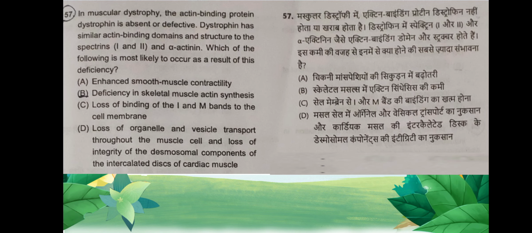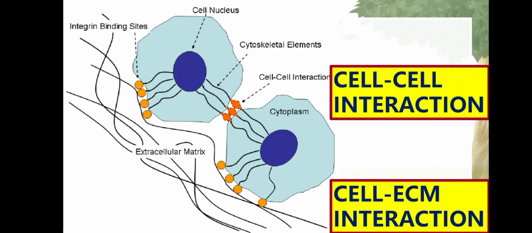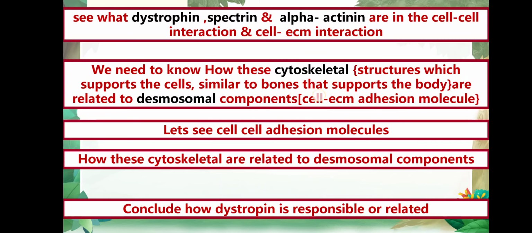So what we're going to do is, this question is related to cell-cell interaction and cell ECM interaction, isn't it? So we will see a video and then we will see what dystrophin is, what spectrin is, what alpha actinin is. These are components in cell-cell interaction and cell ECM interaction.